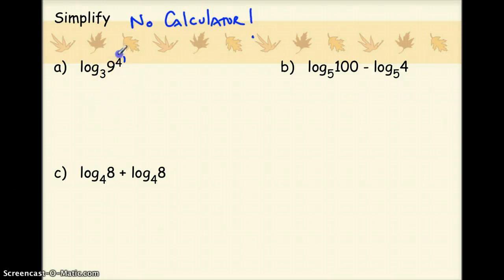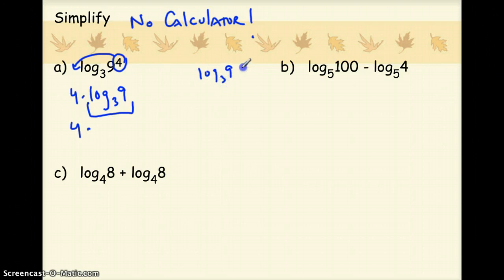So the third property says this number right here can be written down in front. So this can be written as 4 times log base 3 of 9. Now this log base 3 of 9 you should be able to do without a calculator. Log base 3 of 9, what does that equal? 3 to what power equals 9?